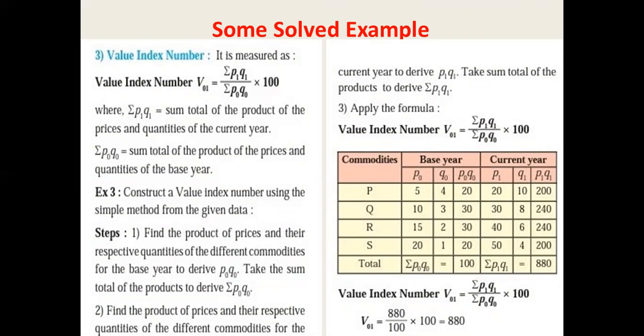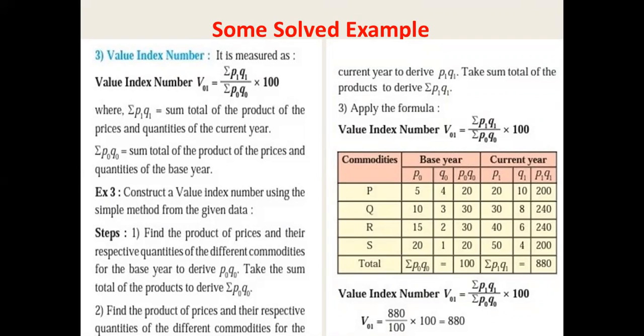The formula is V01, the value index number. V0 means the value of the base year, and V1 means the value of the current year.